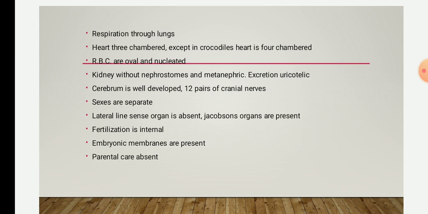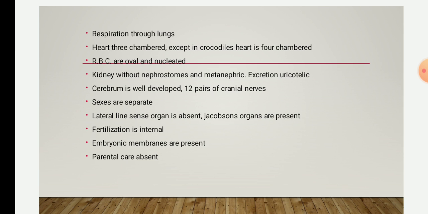So nephrostome is absent, whereas the kidney is metanephric. And the kidney is provided with a separate ureter. The excretion, that is the nitrogenous waste, will be in the form of uric acid. The form of nitrogenous waste that is in the form of uric acid is called uricotelic.